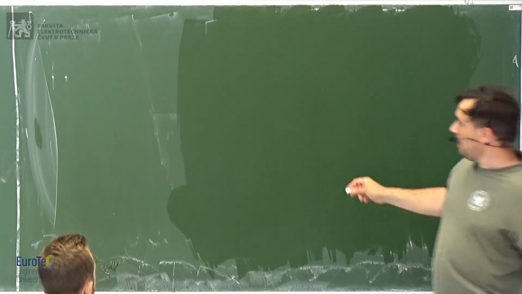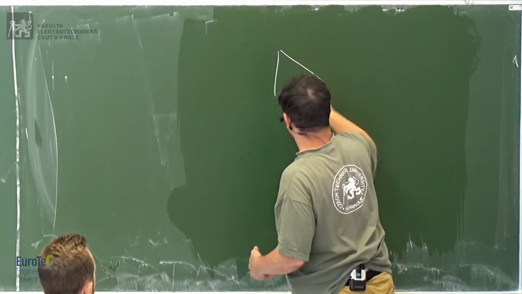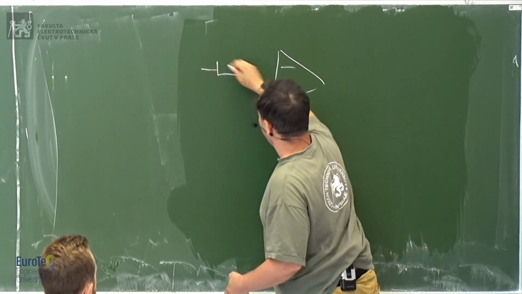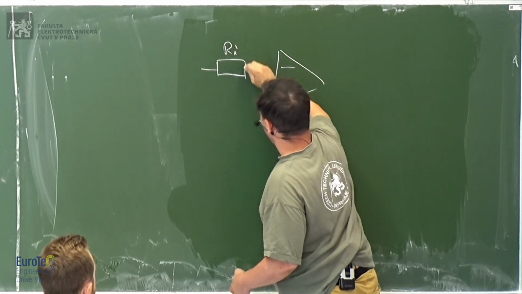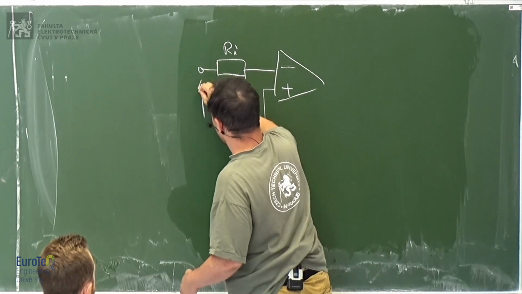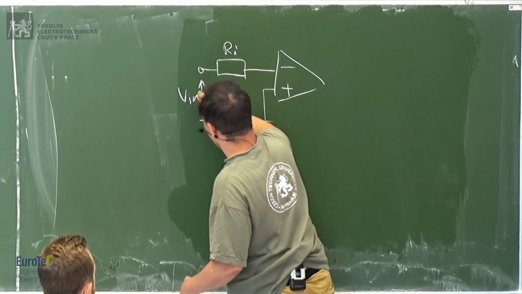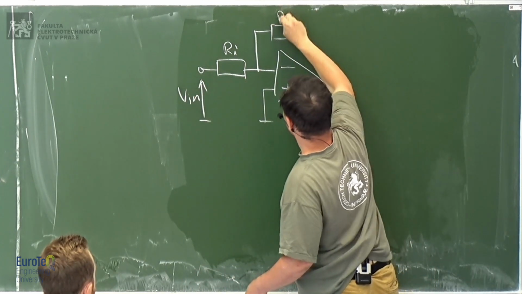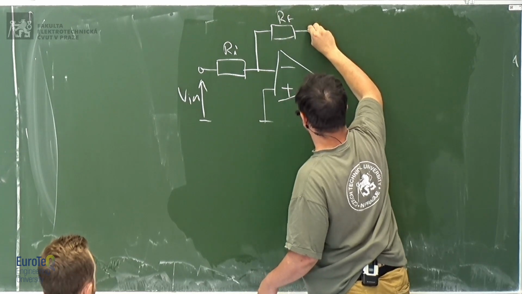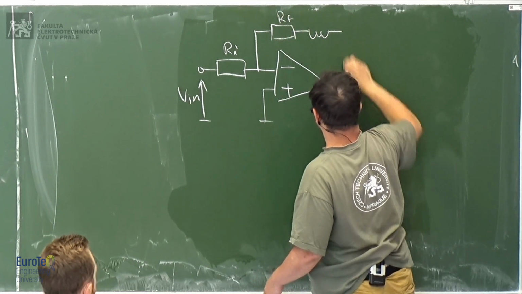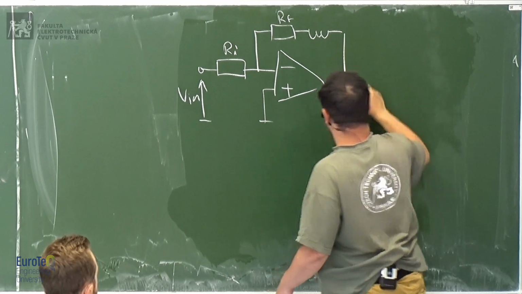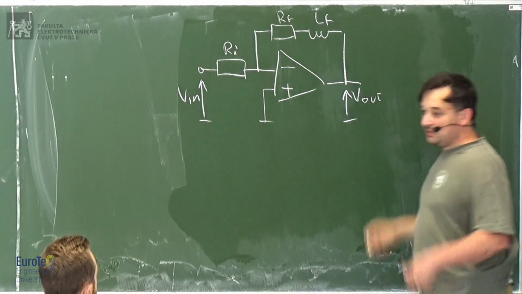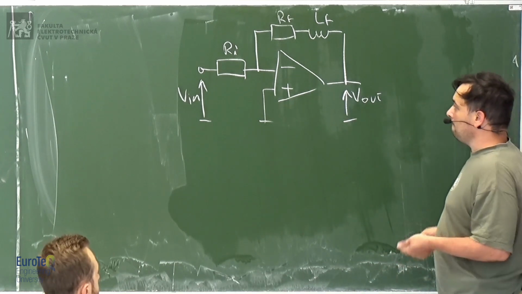So let's say we have our operational amplifier, here is negative, here is plus. Here you have a resistor as we did before, and a voltage input. Now here I have a resistor plus an inductor, and here is V out, because you put your coil there.